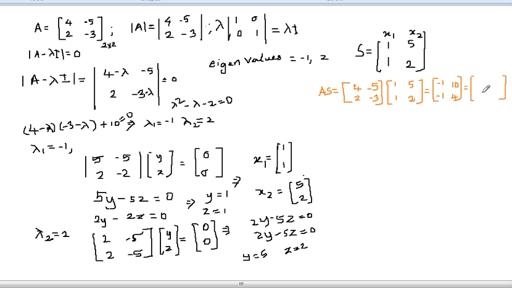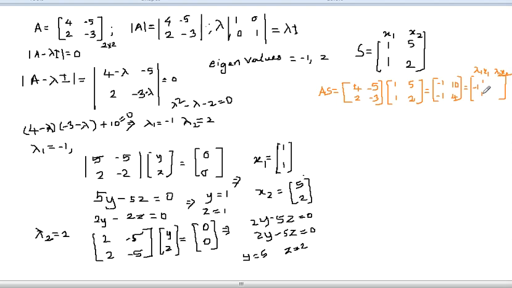For x1 and lambda 1, as we know, x1 is (1, 1) and lambda 1 is -1. So it is nothing but lambda 1, which is -1, times the x1. So we can write this as lambda 1 into x1. And the second one is lambda 2 into x2, because lambda 1 is -1 and this -1 is multiplied by this (1, 1).